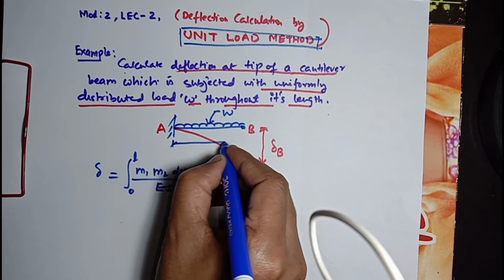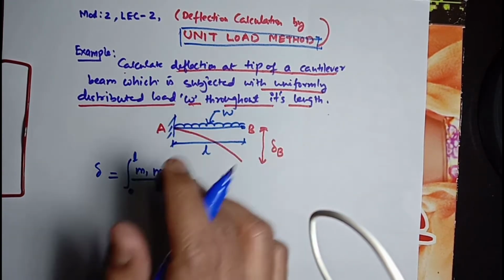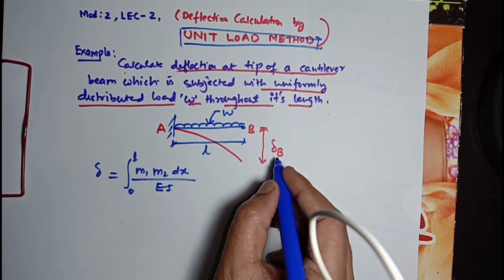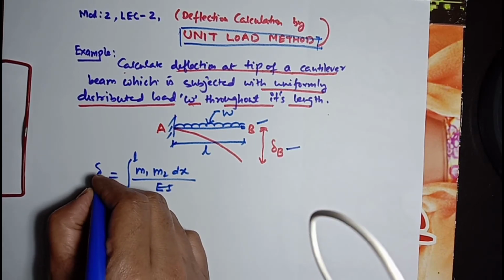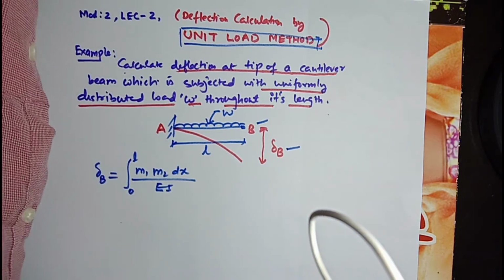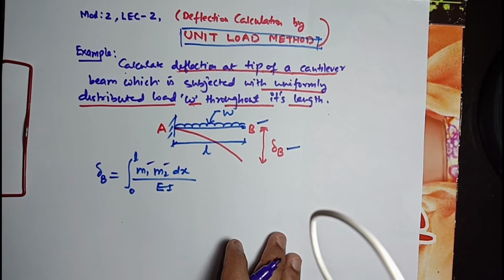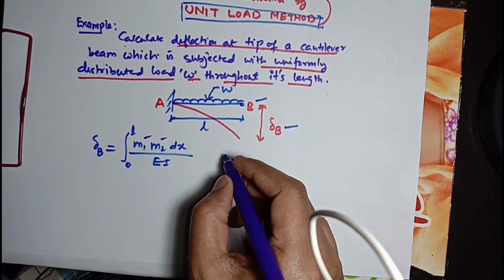Length of this beam is L, and this is from 0 to L. This is the deflection, as we are going to calculate deflection at point B, which is expressed as delta B. So our main objective is to find delta B. For this, we have to find out M1 and M2. For now, we need to understand what is M1 and M2.